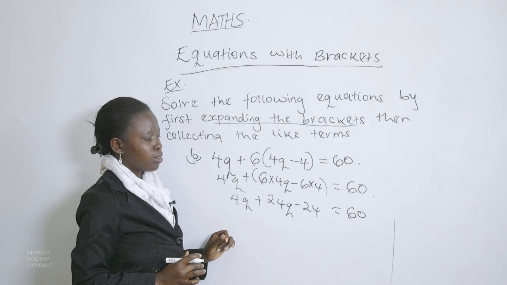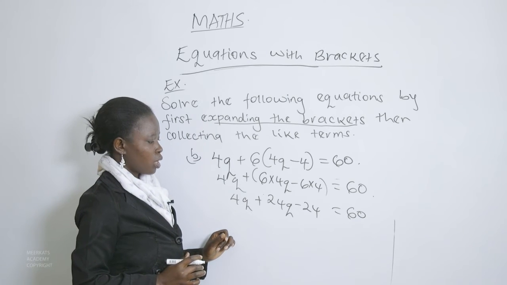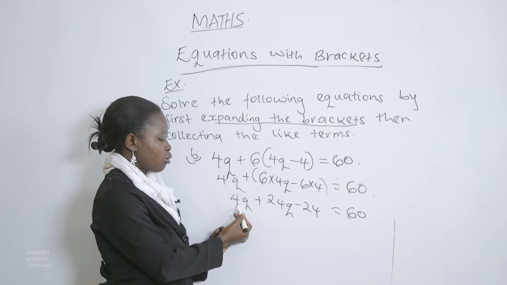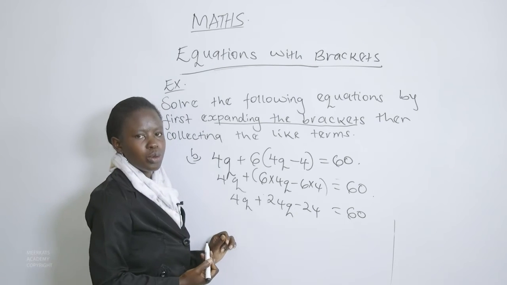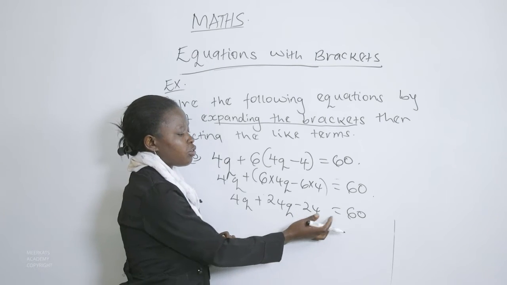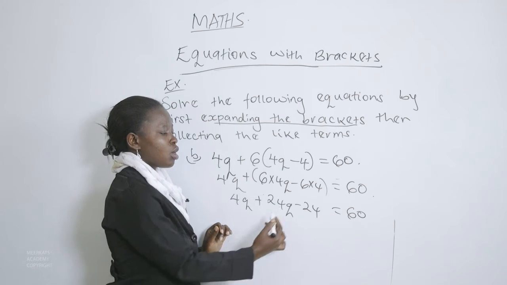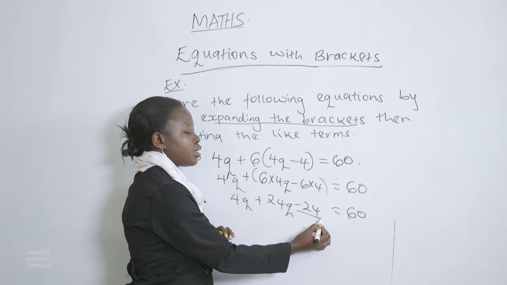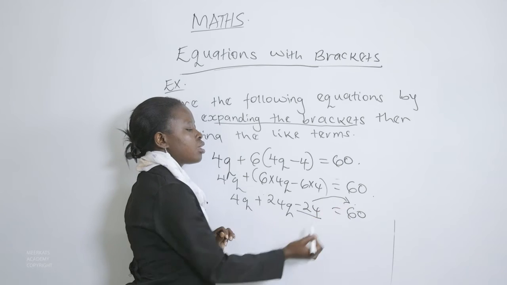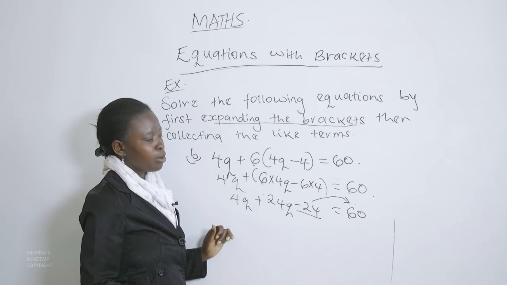So collecting the like terms, it means 4q and 24q are like terms, then 24 and 60 are like terms. When 24 being a negative crosses the equal sign, it becomes a positive.